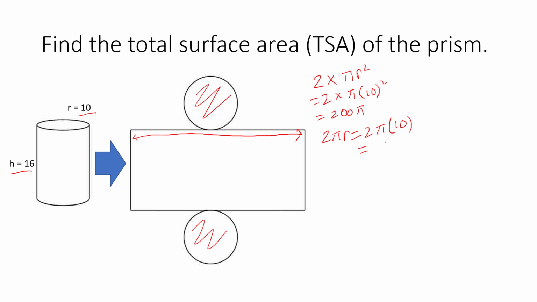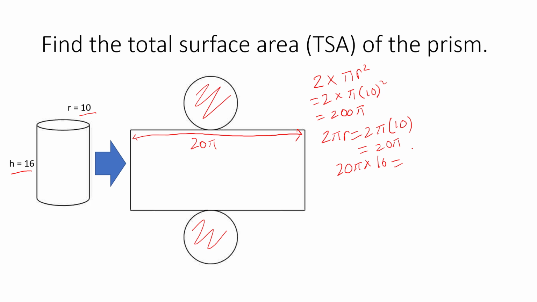So I will get 20 pi. Alright, so the circumference is 20 pi. Don't need to multiply pi in first, while the height is given as 16. So 20 pi times 16, which will give me, I think, 32 something.